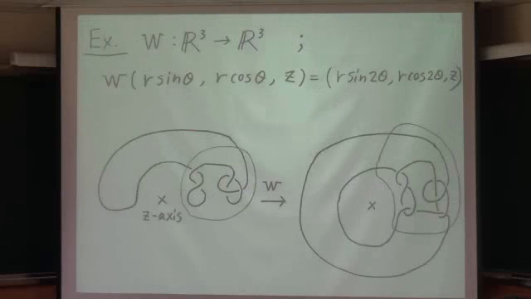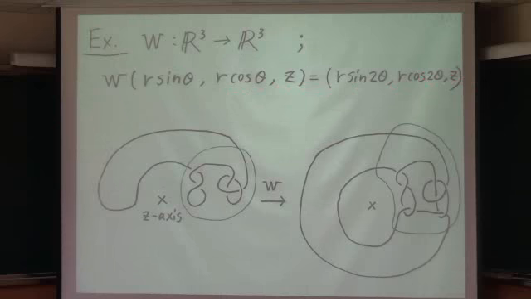And I show one other example of a continuous map. Let W represent the winding map, a map defined by W maps (r sin θ, r cos θ, z) to (r sin 2θ, r cos 2θ, z).